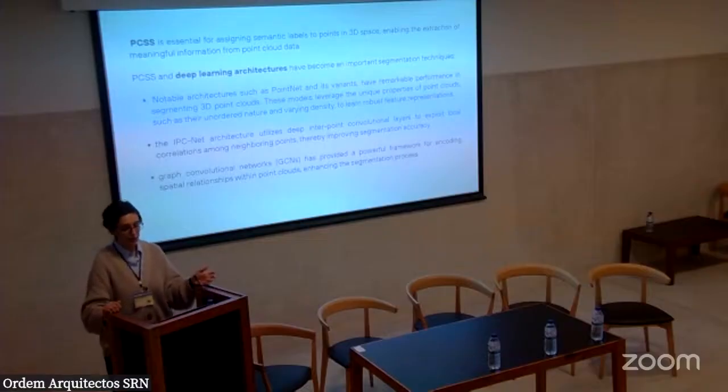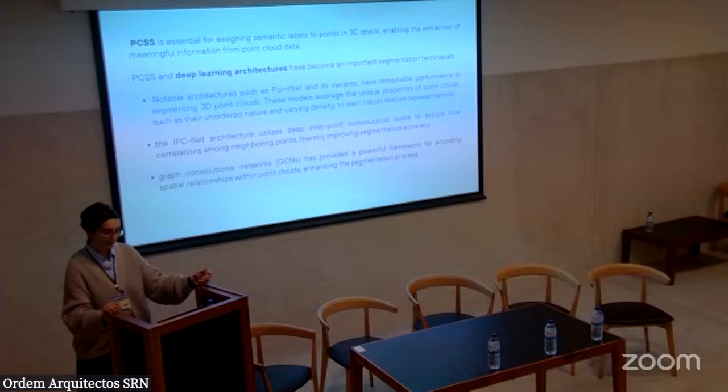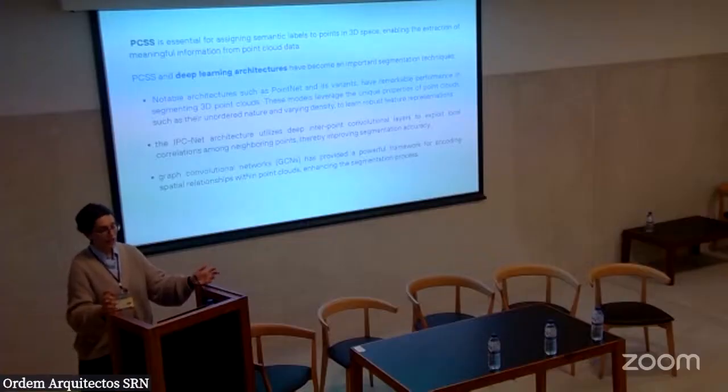Architectures such as PointNet and its variants have remarkable performance in segmenting 3D point clouds, and these models reveal the unique properties of point cloud segmentations, such as unordered nature, varying density, and to learn the robust features of the representation.